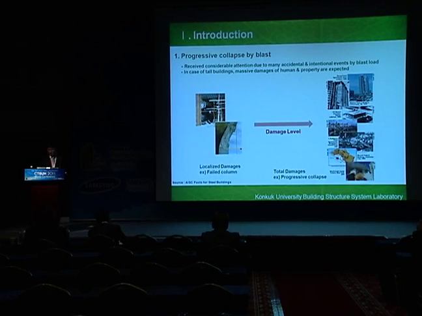Some experts say that the World Trade Center is not an example of progressive collapse because the input of this event was very large, so it's not an example of progressive collapse. Anyway, a lot of research on progressive collapse has been performed since 9/11.